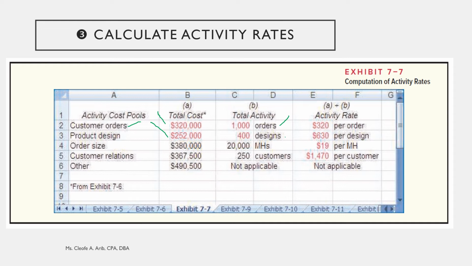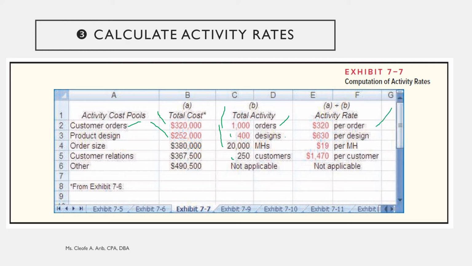So, assuming that based on the discussion ng ABC team, they have determined that in terms of customer orders, the number of orders will be 1,000. For designs, there will be 400. For machine hours, there will be 20,000 machine hours. And they will be serving 250 customers. So your activity rate will be 320 per order.